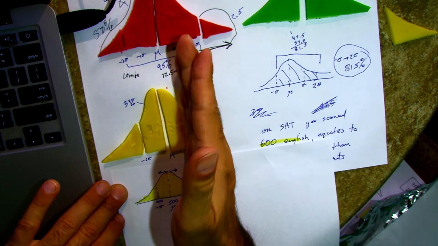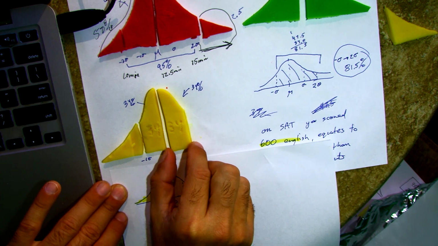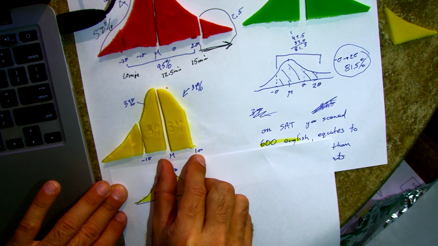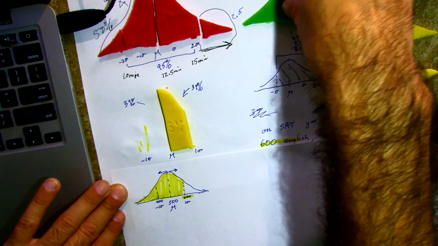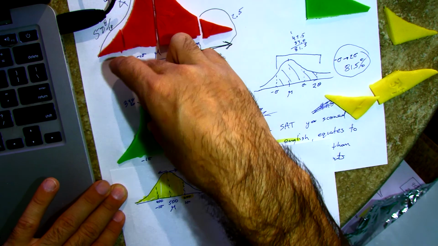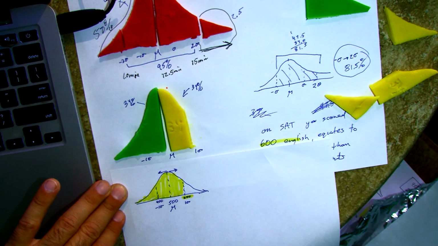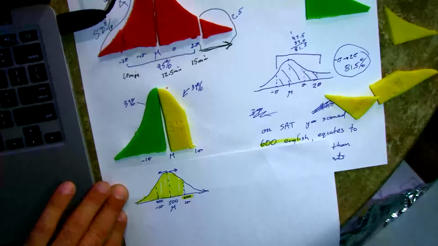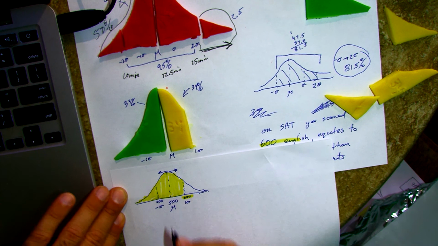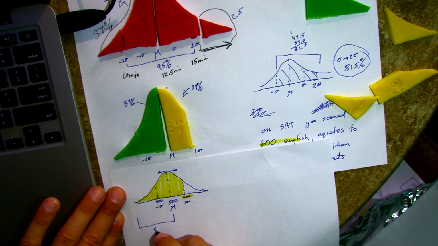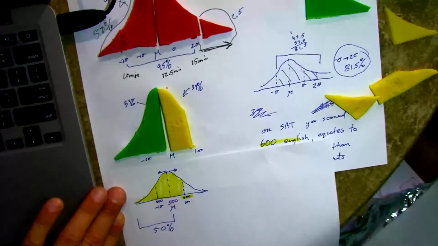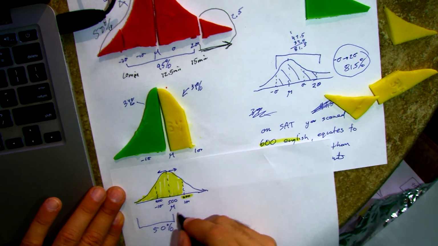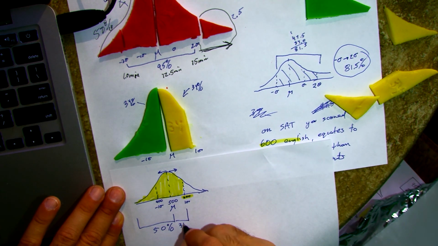Now it's easier for me to see that this side over here is going to be 50%, half of the 100. This side here is going to be 34%. So the answer to our question is you scored better than, we add these together, 84% of students, which is pretty good.